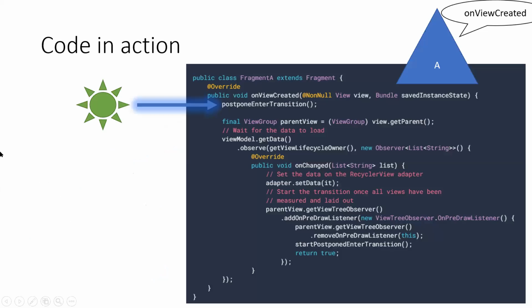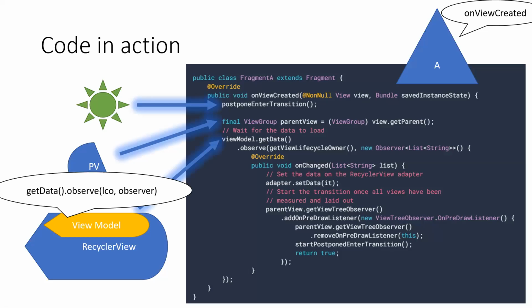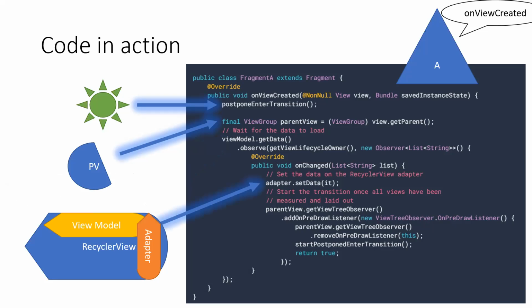So see here, initially you said that the fragment is in the onViewCreated method, and then you say postpone the transition because the resources are yet to be loaded. Catch hold of the parent view, and after that call this method from the recycler view, getData.observe with LCO and observer. After that you ask for an adapter.